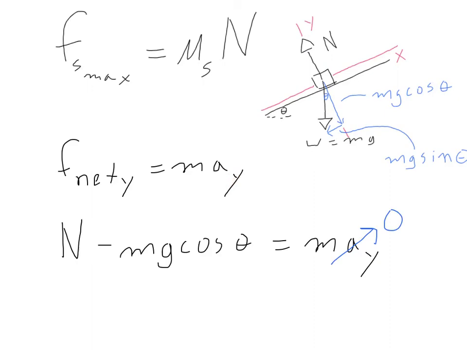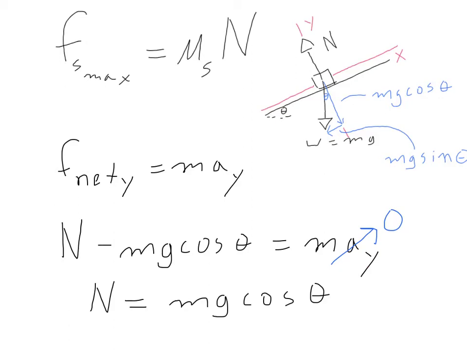So if I look at all my y forces, notice I'll have plus normal force minus mg cosine theta, because I'm only looking at the y forces, or the y components. So I'm going to have N minus mg cosine theta equals 0, because the y acceleration is 0.